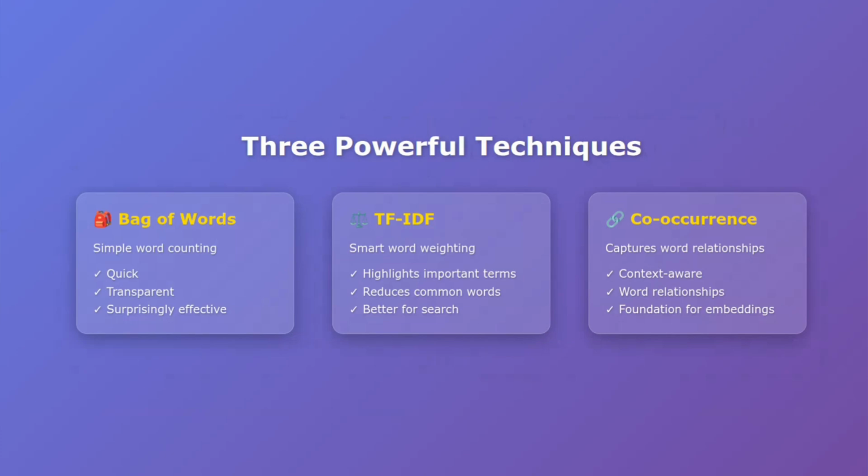It highlights important terms and reduces the impact of common words. And finally, co-occurrence matrices, which go a step further by capturing relationships between words and giving us context. Each technique solves different problems, and by the end of this video, you'll know exactly when to use each one. Let's dive into the details.